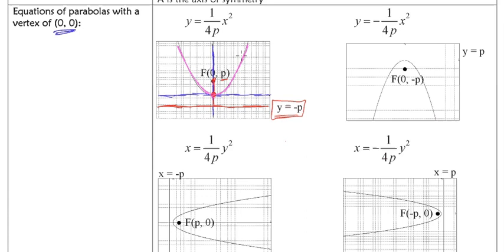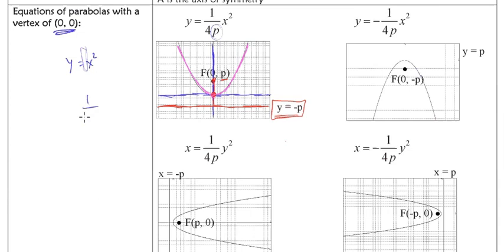For the equation you're familiar with, y equals x squared, think about how far away the focus must be from the vertex. If we end up with a coefficient of 1, what would p need to be? It needs to be 1/4.